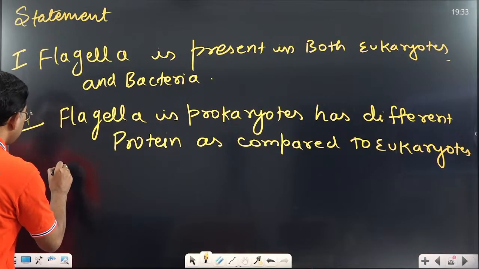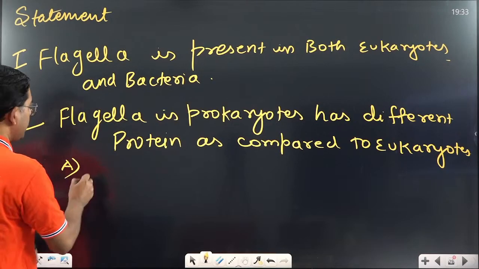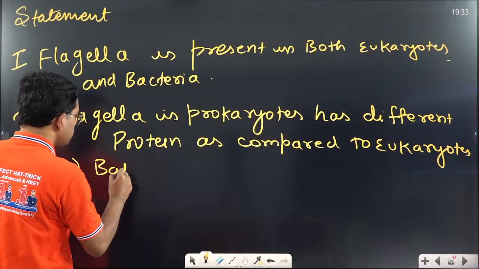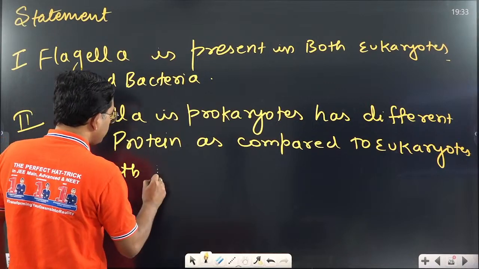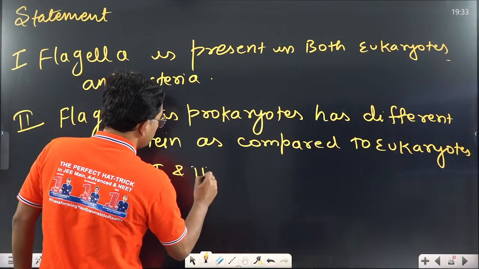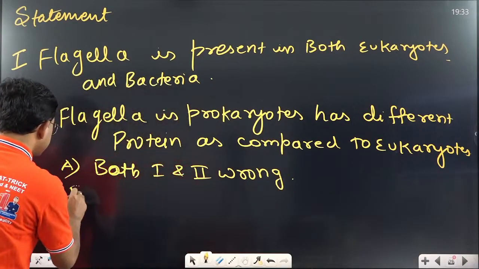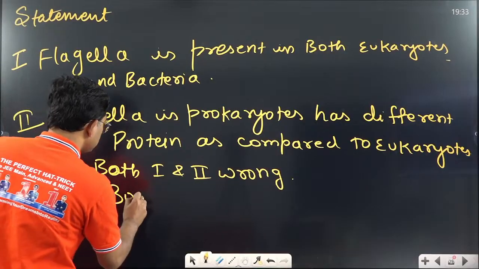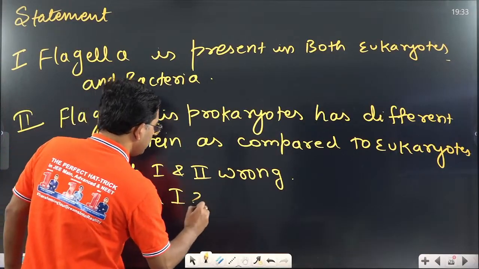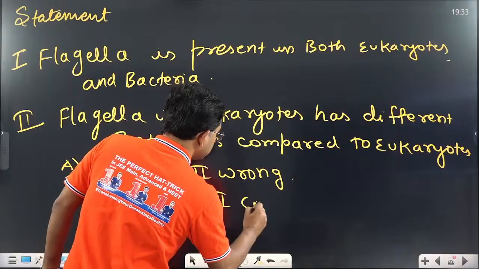So option number A is both 1 and 2 wrong. Option B says both 1 and 2 is correct.